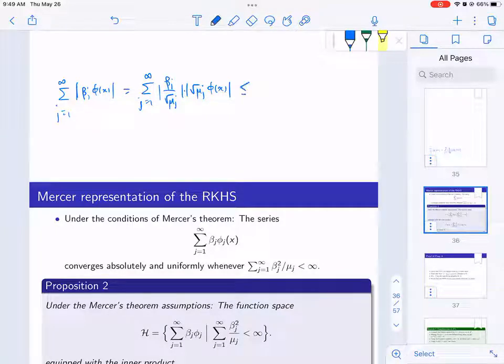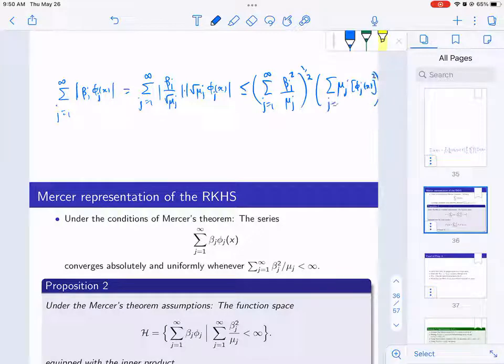A good inequality here is Cauchy-Schwarz. So you get the sum of beta j squared divided by mu j, to the power 1/2, times the sum of mu j phi j of x squared, to the power 1/2.